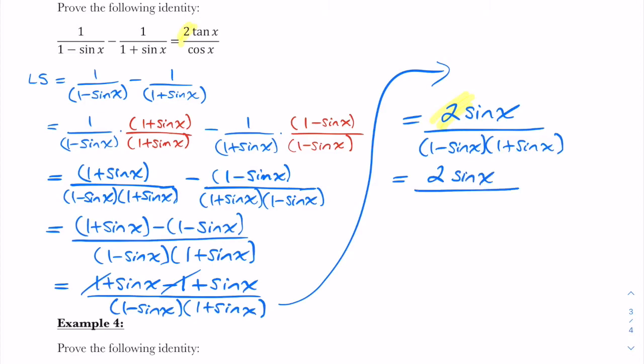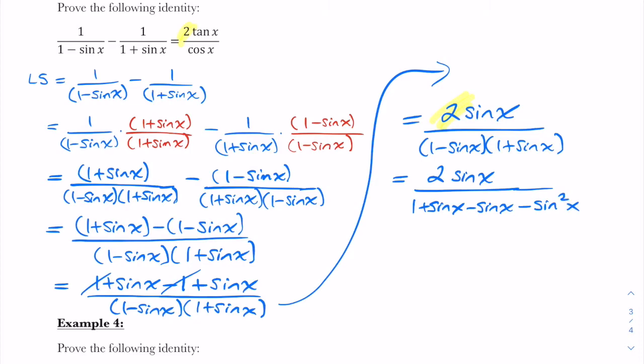Alright, so here we go. 1 multiplied by 1 is 1. 1 times sine x is sine x. Negative sine x multiplied by 1 is negative sine x. And negative sine x multiplied by positive sine x is just negative sine squared x.